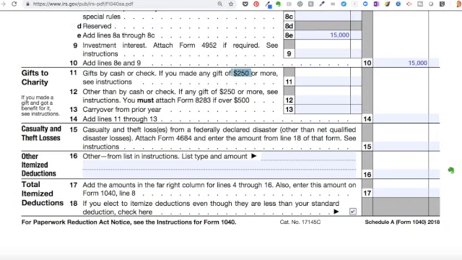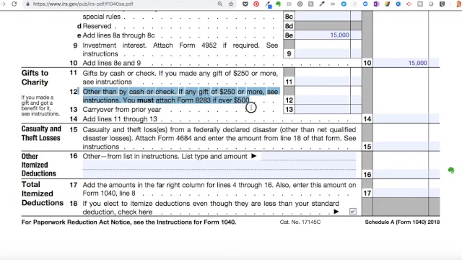You need to keep your records. But if it's more than $250, you have to get a letter from the charitable organization confirming the amount. Each year they need to send out a letter saying the amount that you donated if you gave a one-time gift of more than $250, and telling you if it's qualified to be deducted or not, because that's based on their organization and the status of their organization.